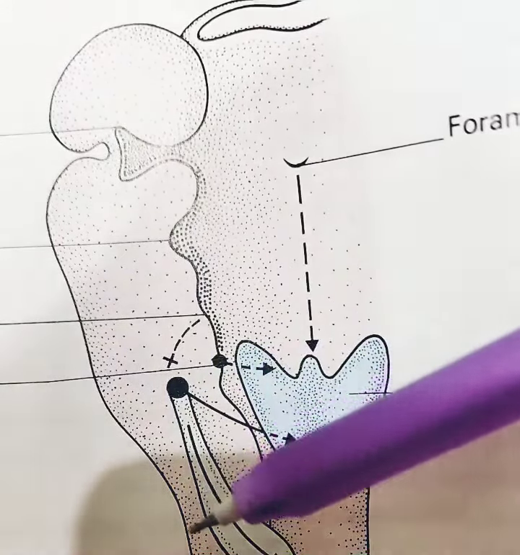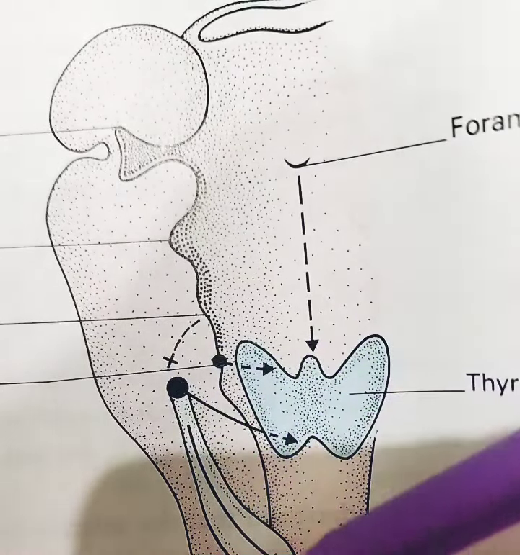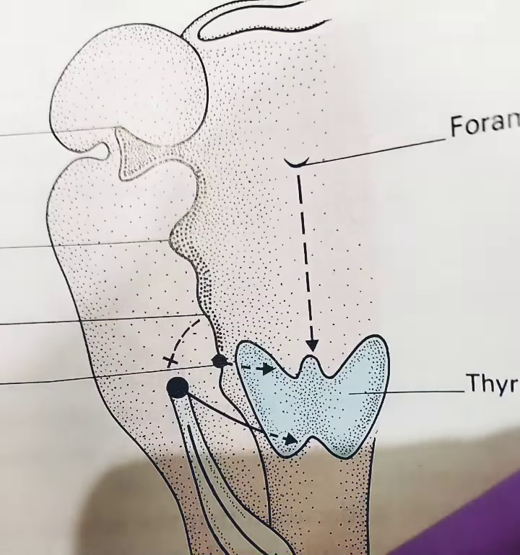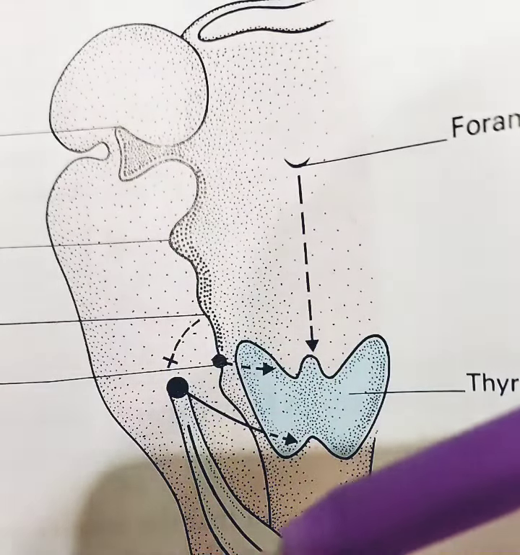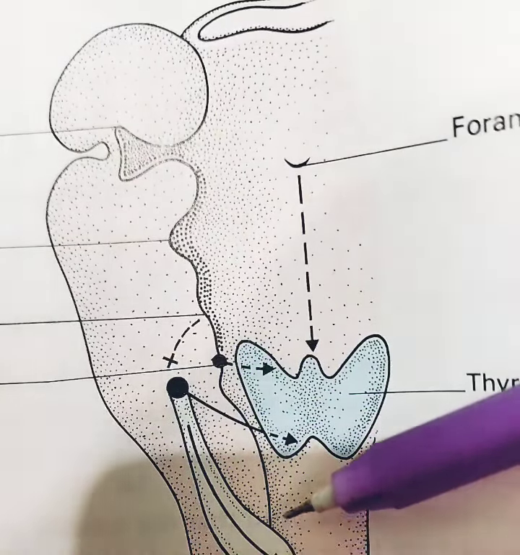But sometimes it is not detached from the thymus, and it goes with the thymus and reaches the superior mediastinum, and very rarely it may be found within the tissue of the thymus.